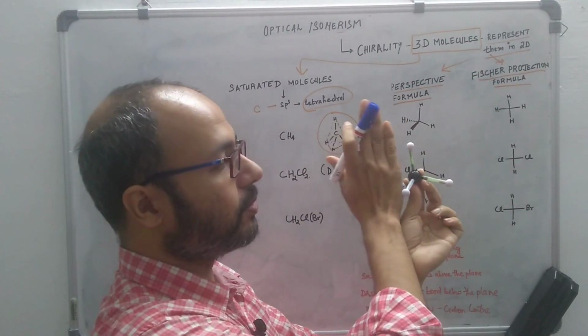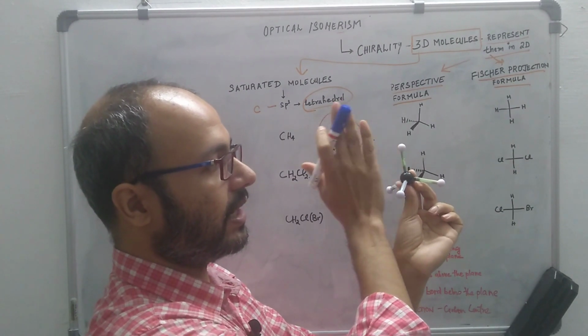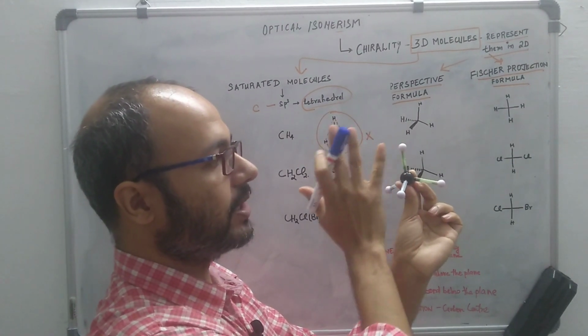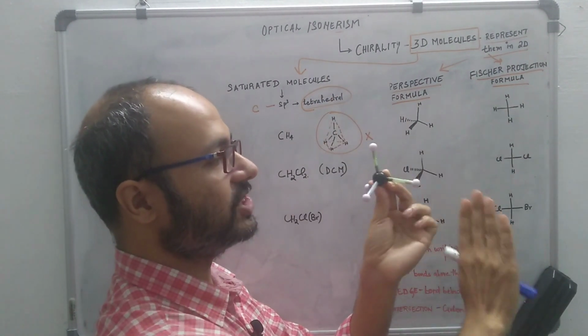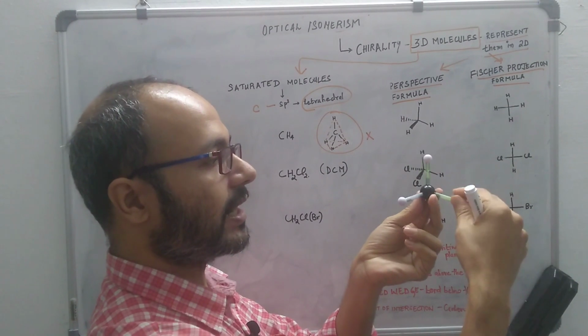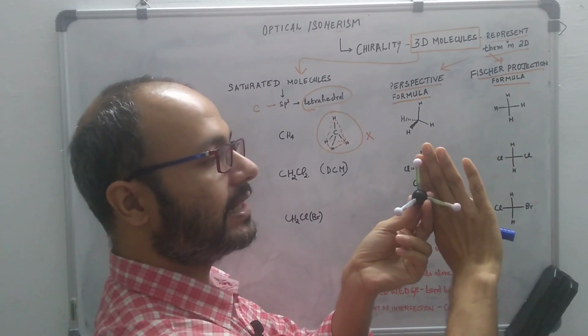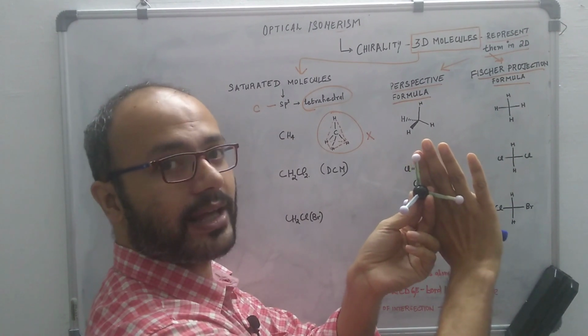If you place a plane passing through this CH bond and this CH bond, something like a white sheet, then these 2 bonds are on the writing plane.